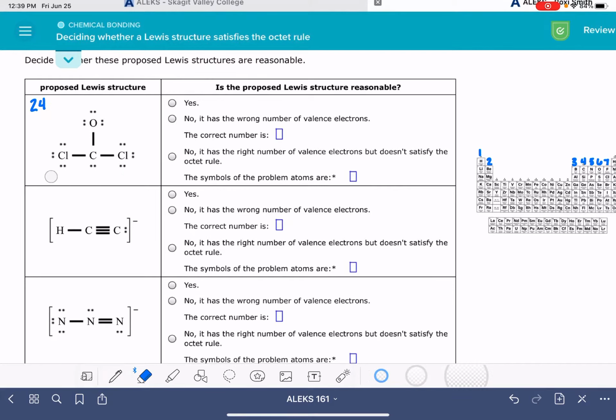So let's go ahead and verify that we actually have 24 electrons in this drawing. We have 2, 4, 6, 8, 10, 12, 14, 16, 18, 20, 22, 24, 26. So that's what's wrong with this. We can say that the structure is not correct, and the thing that's wrong with it is that it has the wrong number of valence electrons. The correct number is actually 24, and the drawing instead has 26. So we're done with that one because you can only select one of these options.